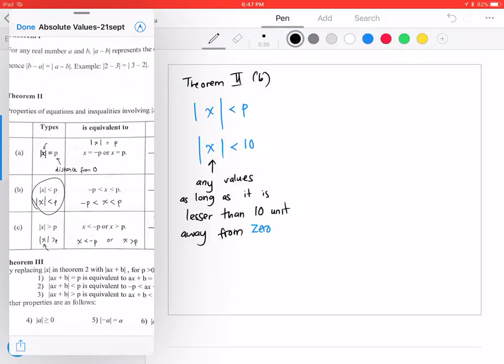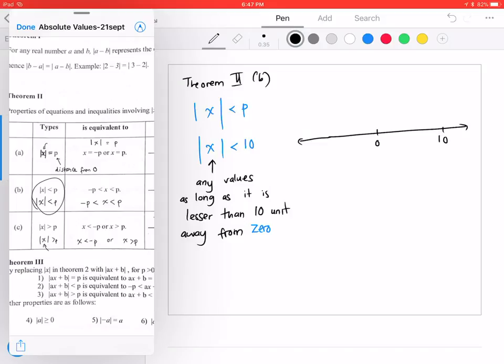If I were to draw a number line like this, I will have my 0 in the middle. Our x here could go all the way to positive 10, like this.